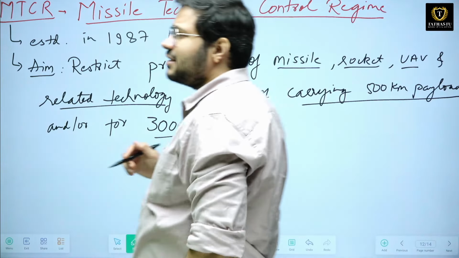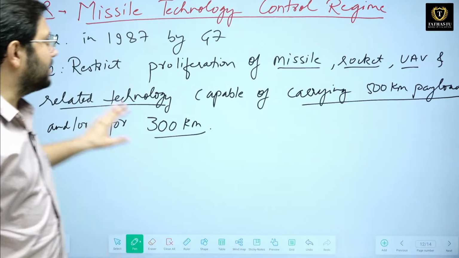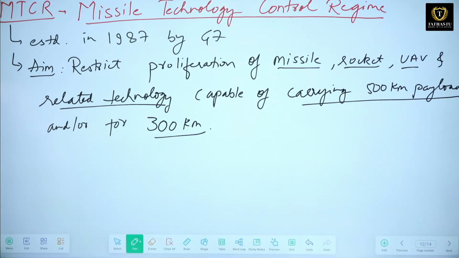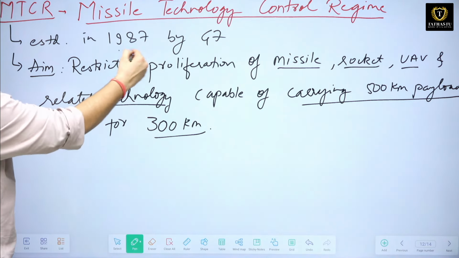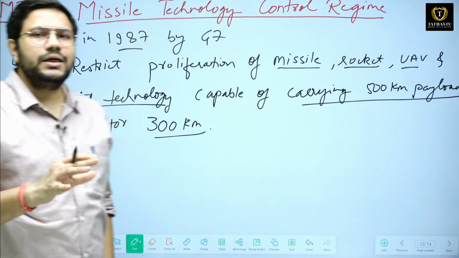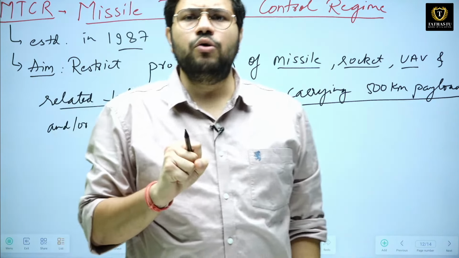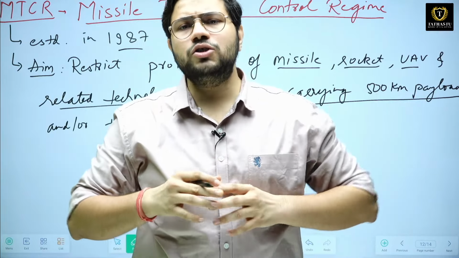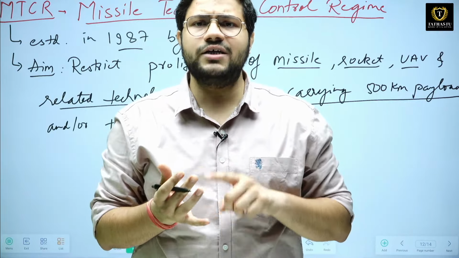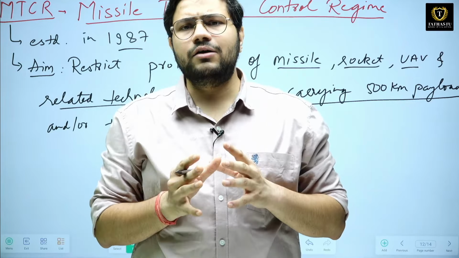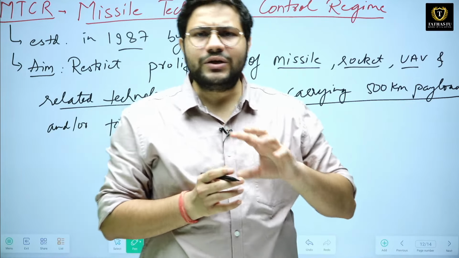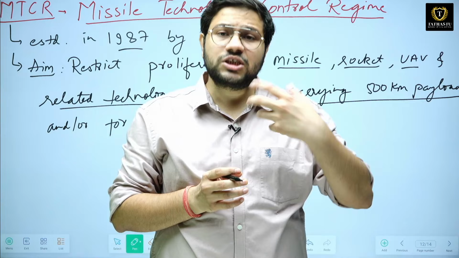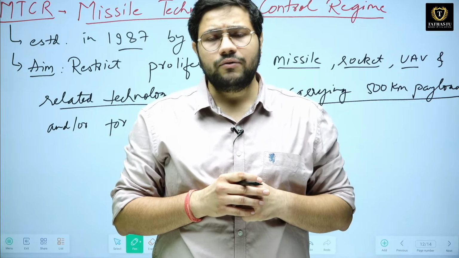Next organization is MTCR, the Missile Technology Control Regime. It was established in the year 1987 and it is basically to prohibit or control the transfer of missiles, rockets, UAVs and related technologies which can possibly be used for nuclear weapons also.